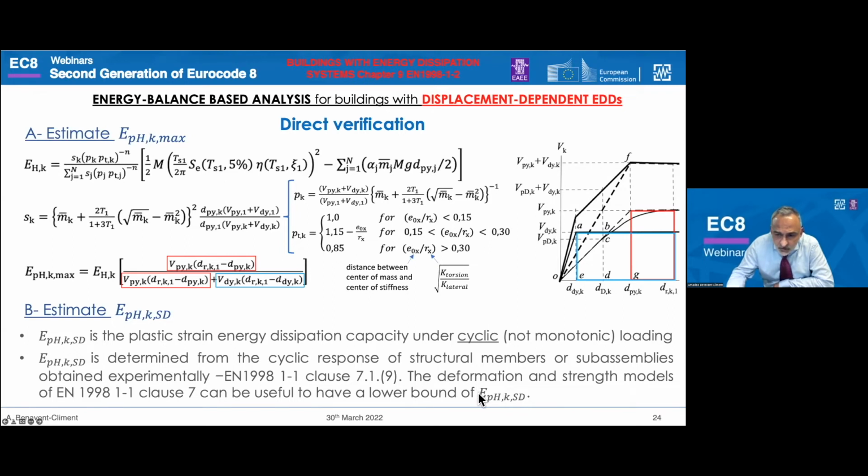As I noted before, these deformational strength models of clause 7 provide the response under monotonic loading. I mean, the maximum plastic rotation, for example, of the plastic hinge. But here we are dealing with the energy dissipation capacity under cyclic loading. But this value calculated with these equations is in fact a lower bound of this value, and in the lack of cyclic tests can be used to make this evaluation.